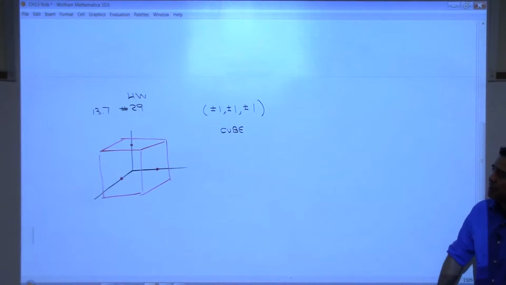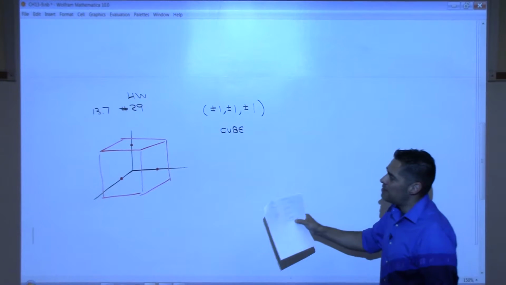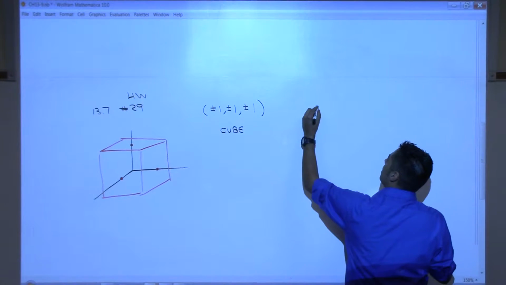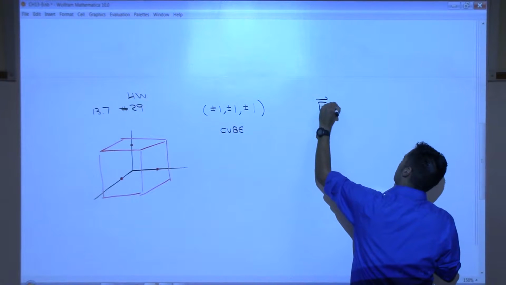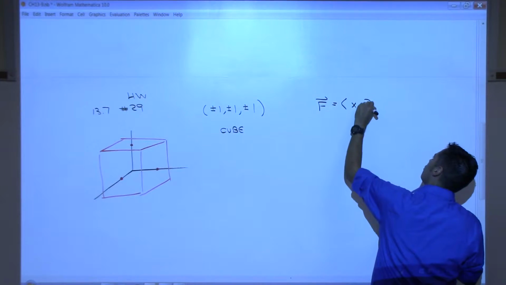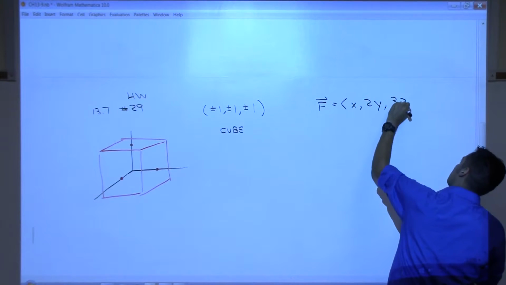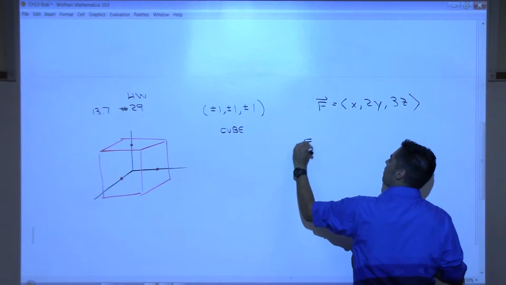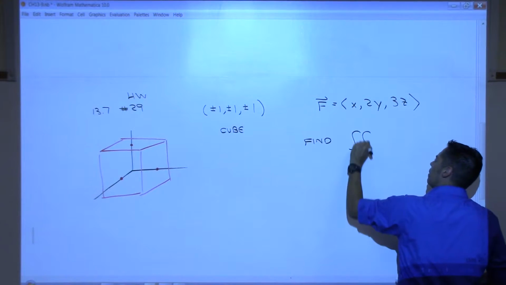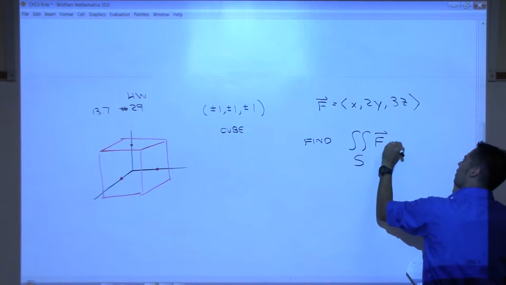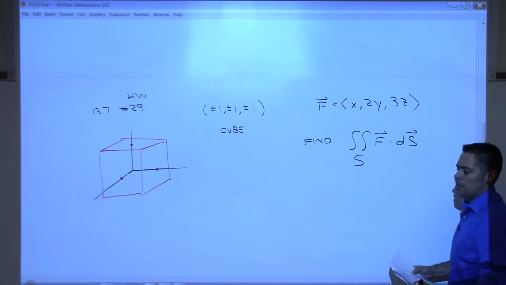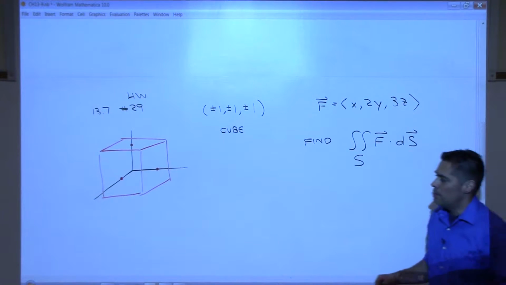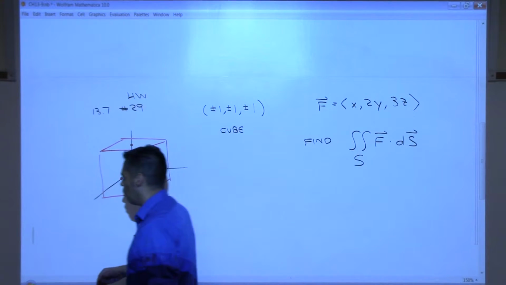You were asked in that problem to find the flux, given x, 2y, 3z. And I did it, and what do you think I did when I did the homework for this?